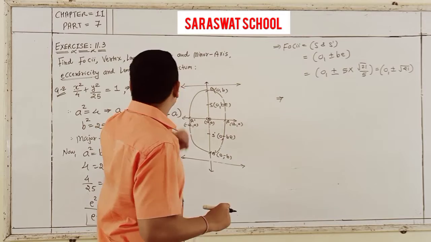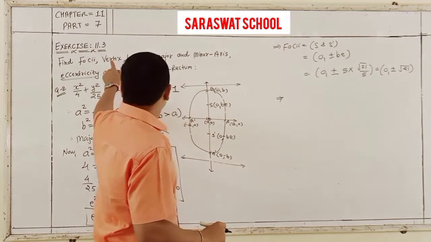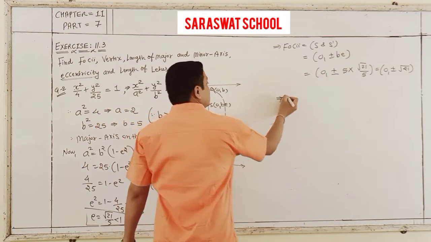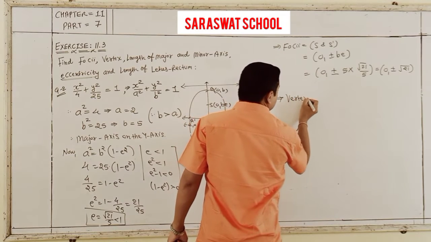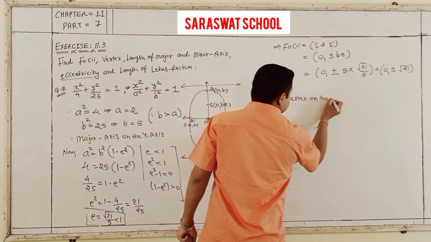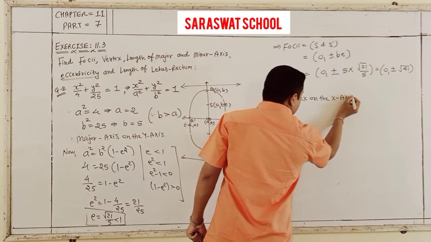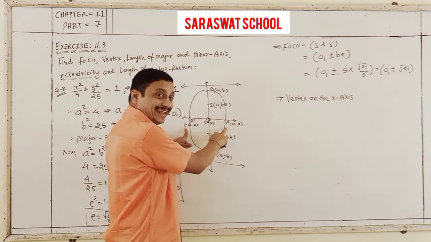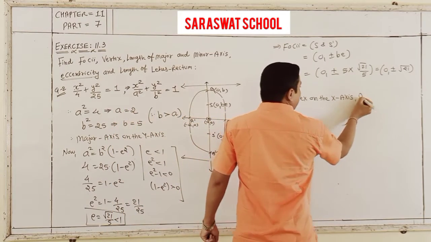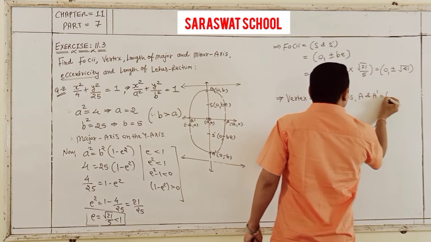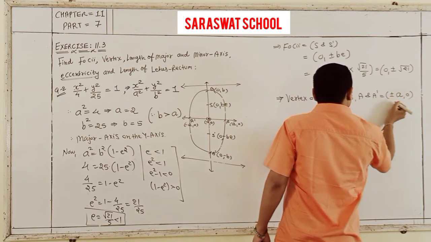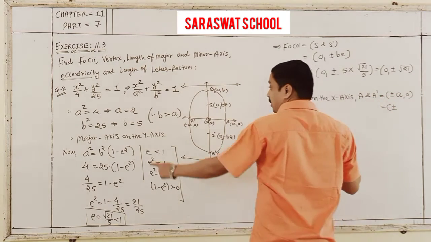Second, it asks for the length of the major axis, but before that I go to the vertices. It means the vertices on the x-axis. These points, A and A dash, are plus or minus A, 0. But what is a? I have 2.